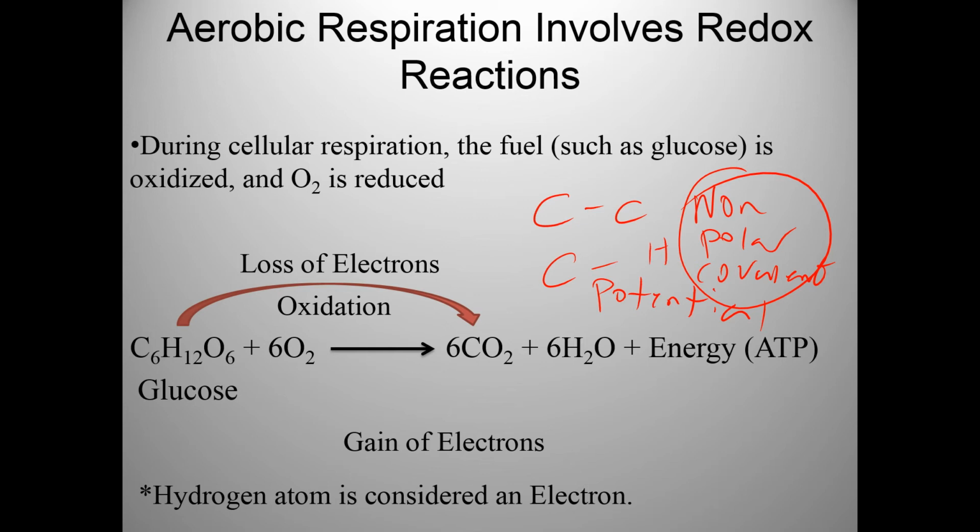When those bonds are broken, glucose is going to give up its electrons, the electrons that it's sharing with other carbon atoms and other hydrogen atoms. These electrons are donated to what we call electron carriers.